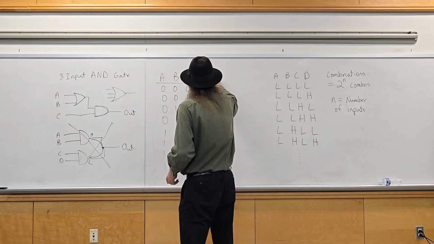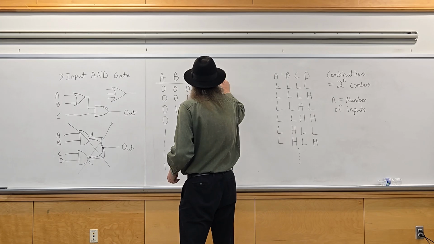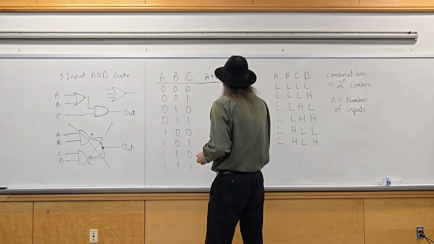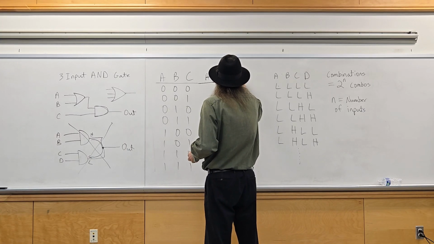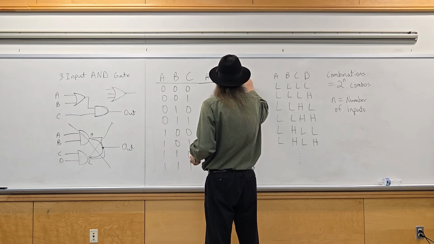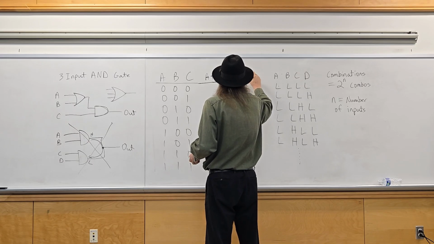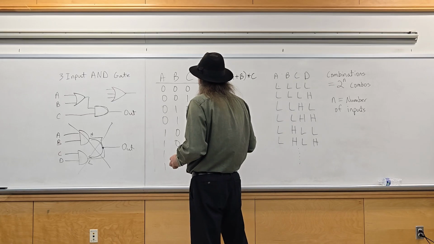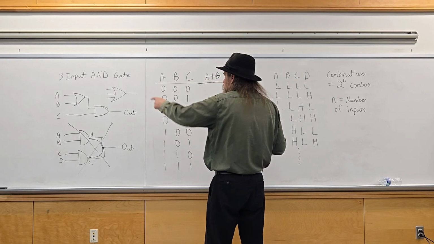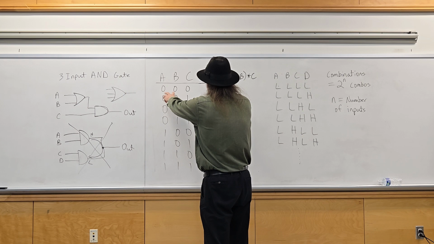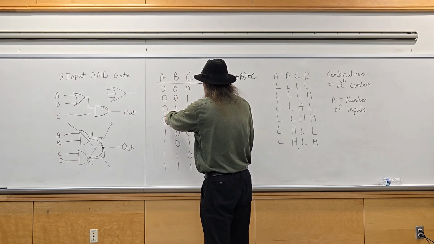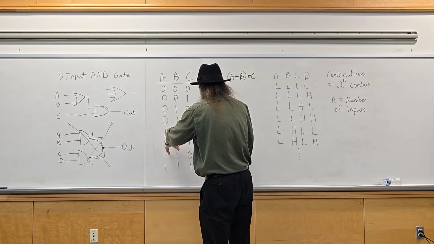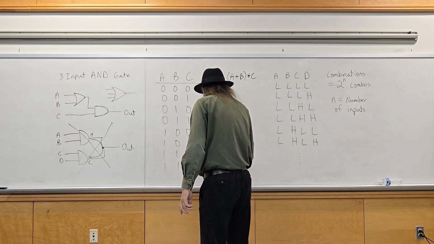You do A plus B, and then A plus B and C. So A plus B: 0, 0, 1, 1, 1, 1, 1, 1.